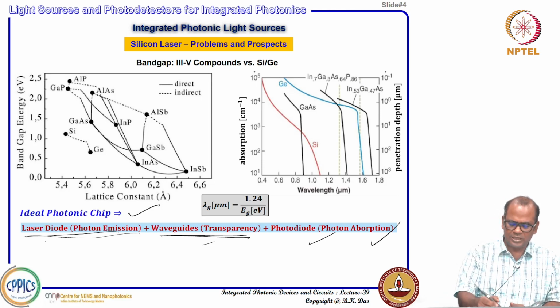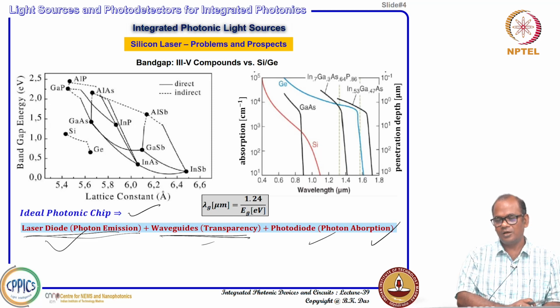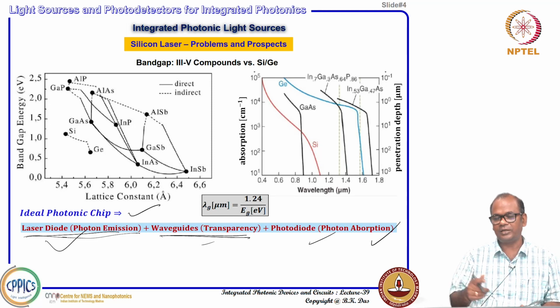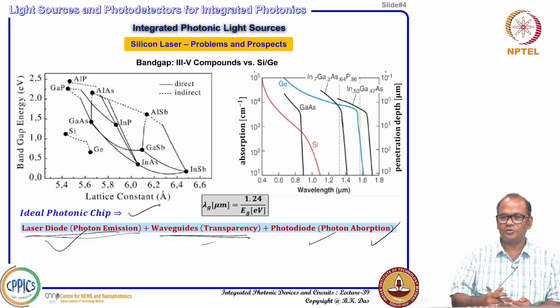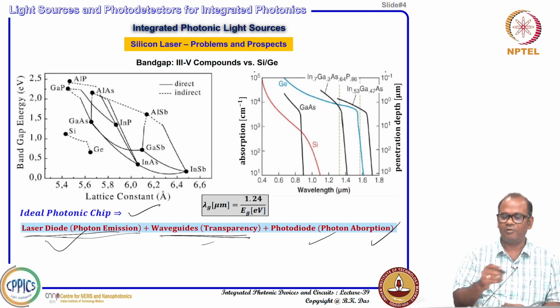Obviously, a laser diode fabricated out of a semiconductor is just emission of photons, and a photodetector is just reabsorption. So, maybe photodiode and laser diode can be fabricated in the same material, but the same material we cannot use for waveguide transparency.